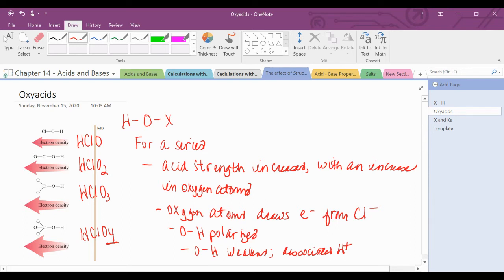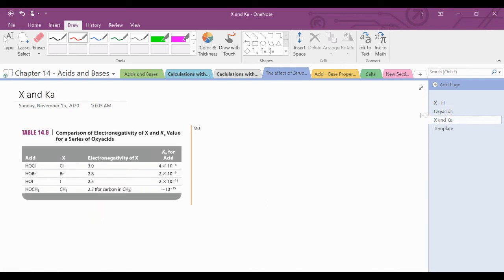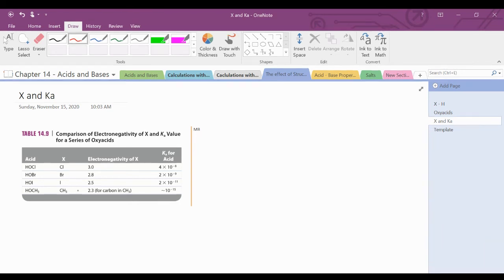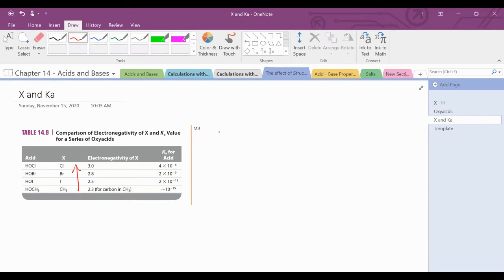All right, and then the last topic is that we're going to look at the electronegativity value of X. If we look at my chart, we can see that X in some cases is an element. In other cases, it's a functional group. And it's for a series of oxyacids and the Ka values. So when I'm looking at this chart, we can see if I'm going this way in the chart, electronegativity increases.